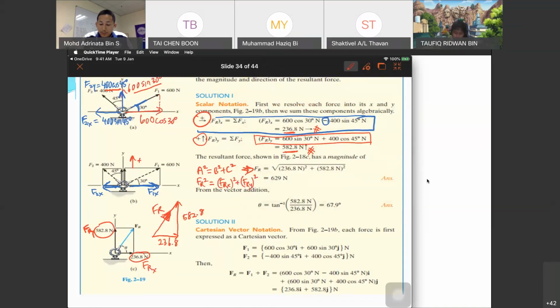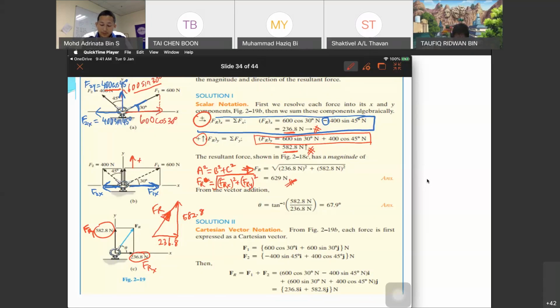When you remove your square, there must be a square root here. This is a simple calculation, and then you get your resultant force is 629.